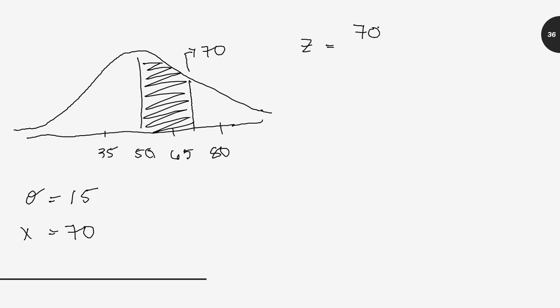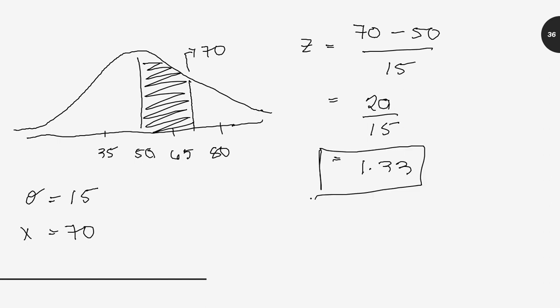So, x is equal to 70 minus the mean which is 50 divided into standard deviation which is 15. So, meron tayong 20 divided by 15 and the answer is 1.33. Okay? So, ito po yung magiging value ni Z and yan po yung hahanapin natin sa table po.